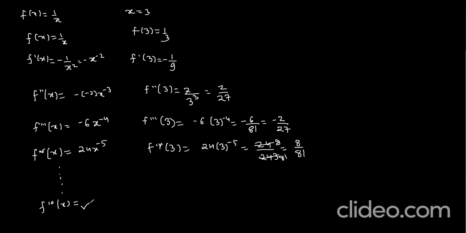Okay. So function becomes 1 upon 3 minus x minus 3 over 9, plus 2 upon 27.